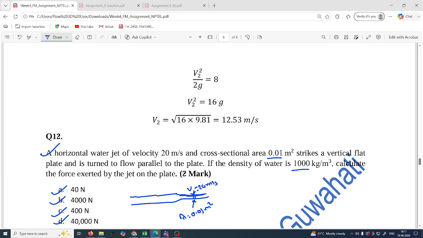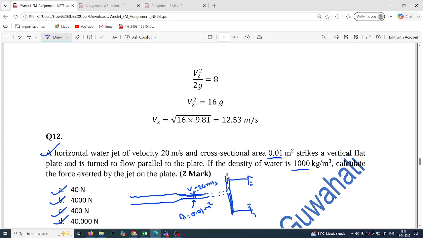It strikes a vertical plate and is turned to flow parallel to the plate. Here is the vertical plate, stationary, because the velocity of the plate is not given, so you have to consider it stationary. So it is striking and going like that.